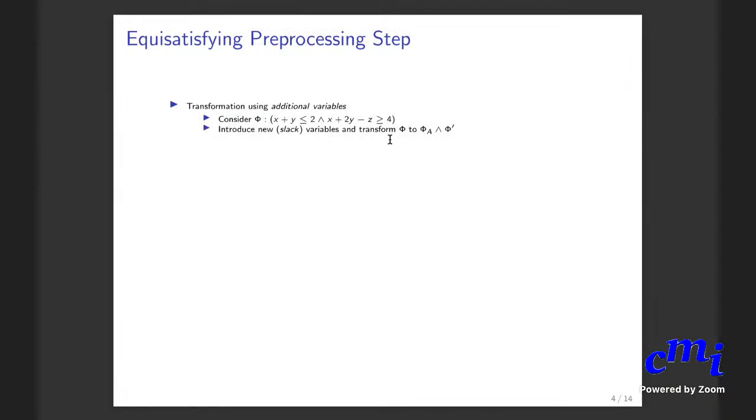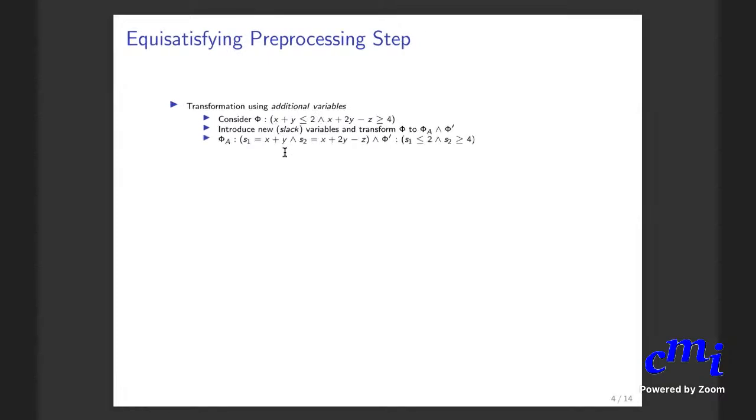It transforms them into a conjunction of two sets of equations: phi a, which equates the newly introduced variables to these terms, and phi prime, which encodes the inequality constraints in the original formula.